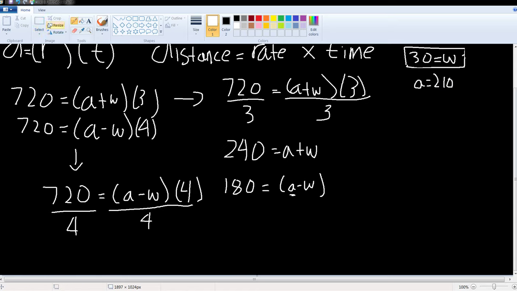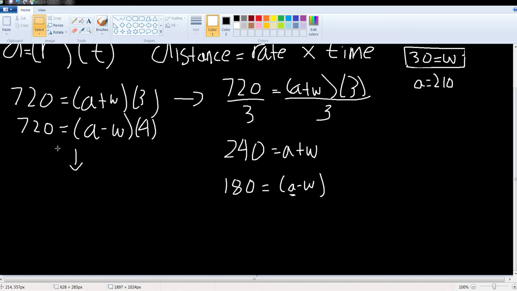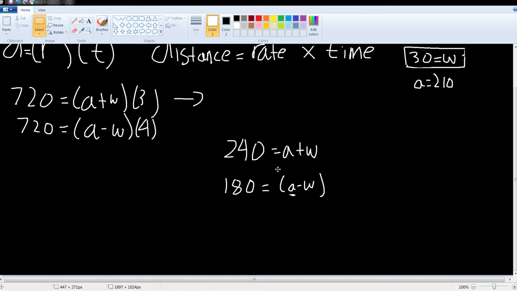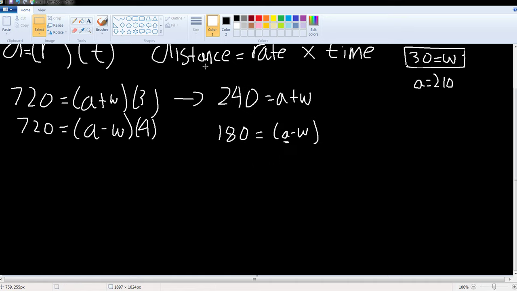So if we do elimination, we'll start back up here again. For elimination, we can actually eliminate by adding these two equations, because W is opposite of this W here. We have a positive W and a negative W. So if we add these together, they would cancel out.